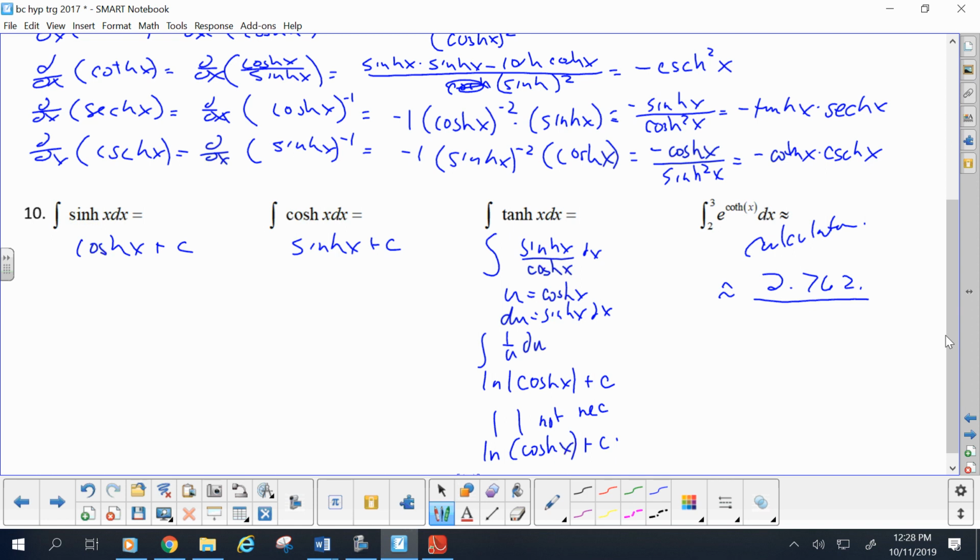Are you in radians? Should radians matter? No. You can put in radians, put in degrees, you'll get the same thing. So it won't matter.